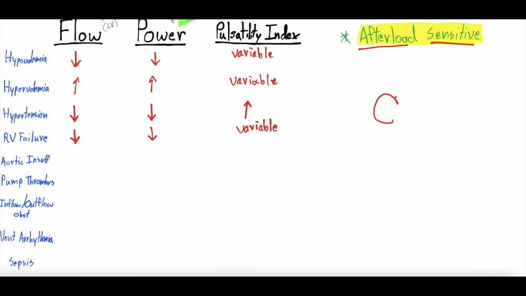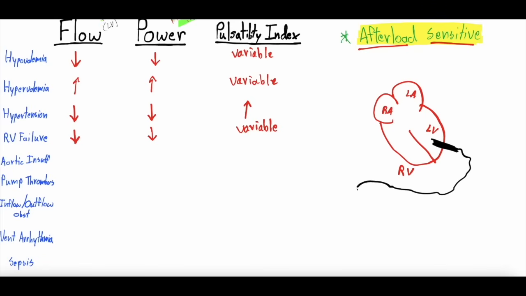So if we draw, for those who've watched these videos, you've seen a lot of my bad drawing of a heart, right? This is right ventricle, right atrium, left ventricle. And as we have talked about, you have your LVAD inflow tract, which sucks blood out of the left ventricle into a motor, right? And that motor then has the outflow tract, which goes into the aorta. The aorta, we'll do it red.